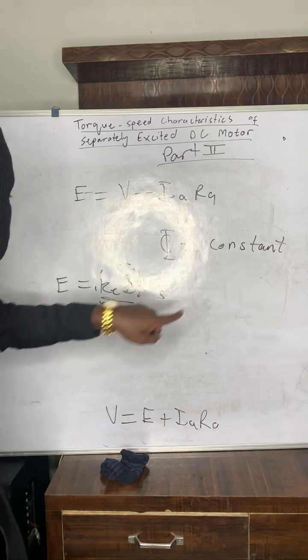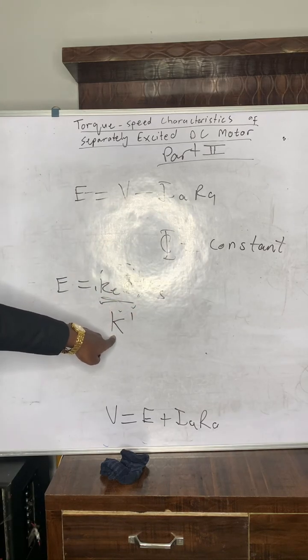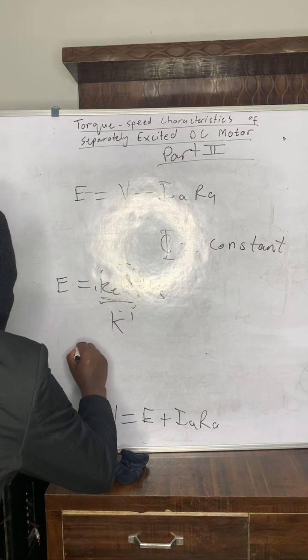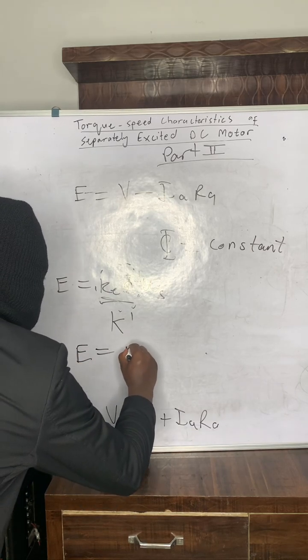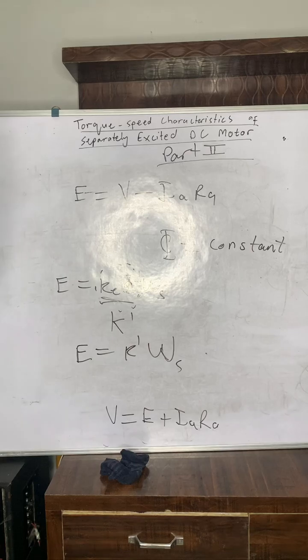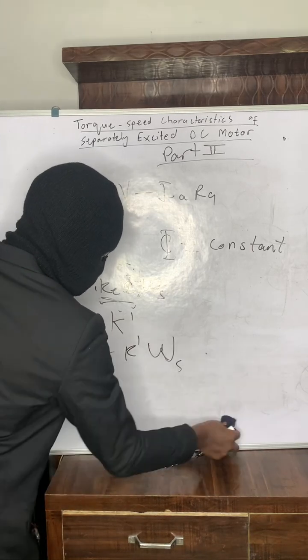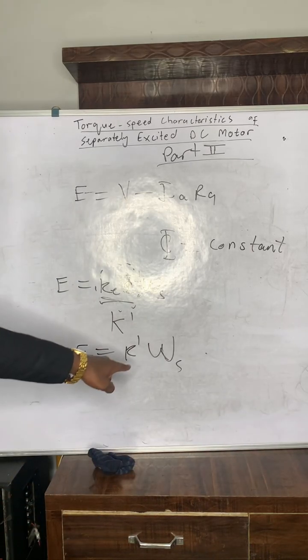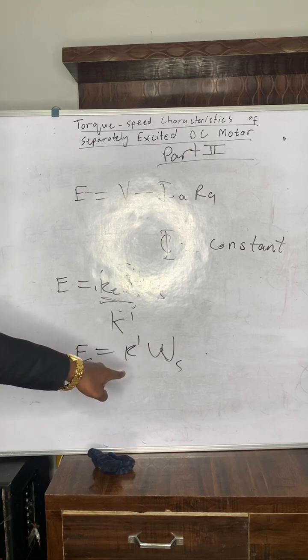If phi is a constant, we are going to introduce a new constant, K dash. Therefore, we are going to be left with E equal to K dash omega S.